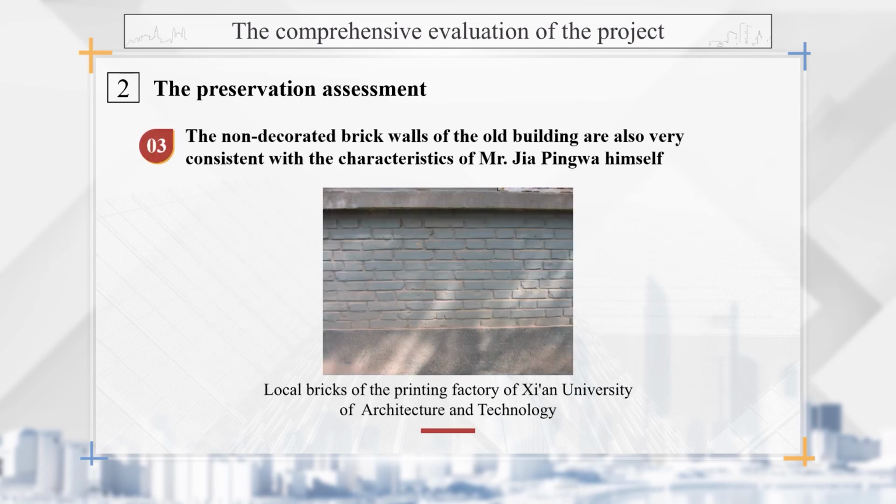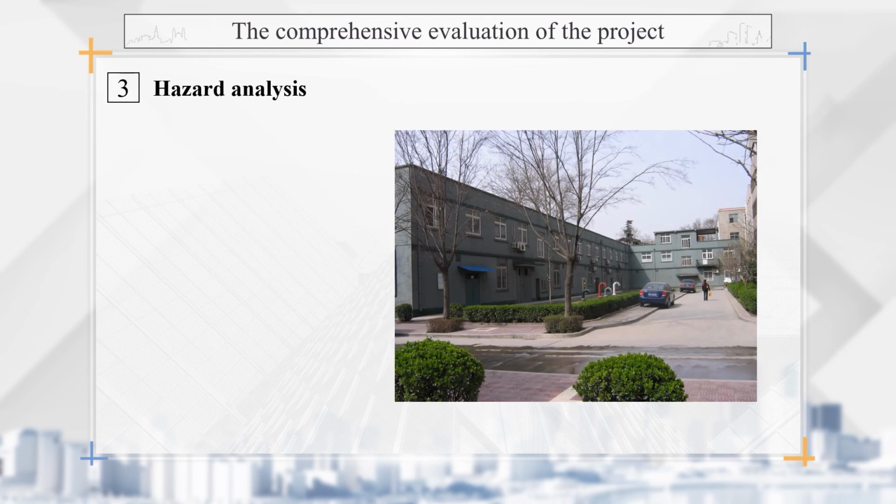The non-decorated brick walls of the old building are also very consistent with the characteristics of Mr. Jia Pinghua himself. The third assessment is hazard analysis, including natural forces and man-made damage.